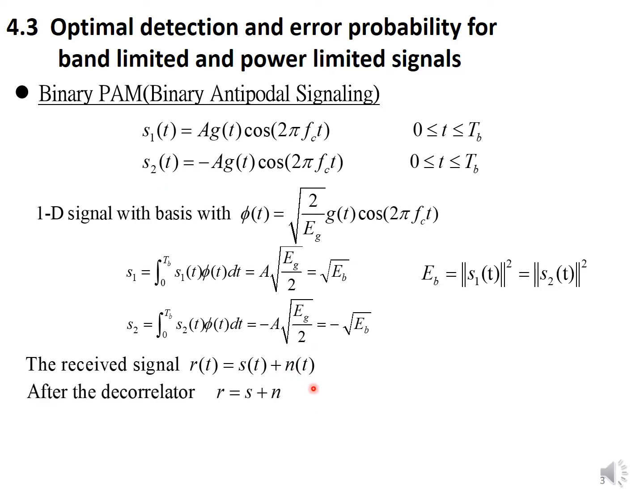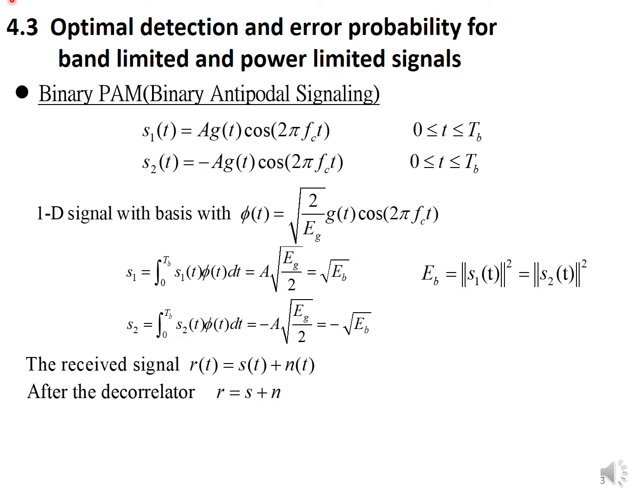And after the decorrelator, remember what we have in the receiver: the first part is always the decorrelator, which converts this signal waveform into the vector form. Here the vector form is one-dimensional because we have a one-dimensional basis.